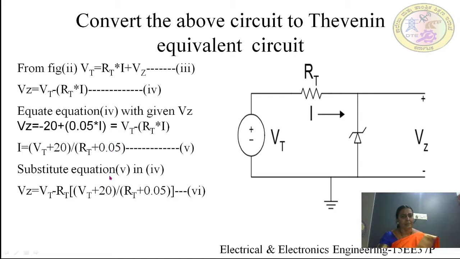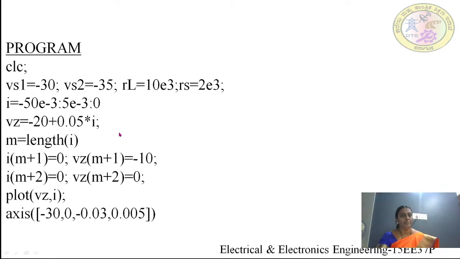Then substitute this value of I from equation number 5 in equation number 4, and you will get Vz is equal to Vt minus Rt into the whole value of I. Next, let us come to the program.